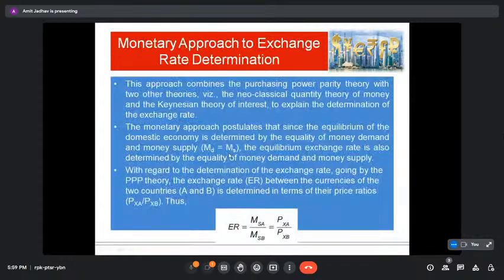Now afterwards, we have another approach, that is the monetary approach to the exchange rate.